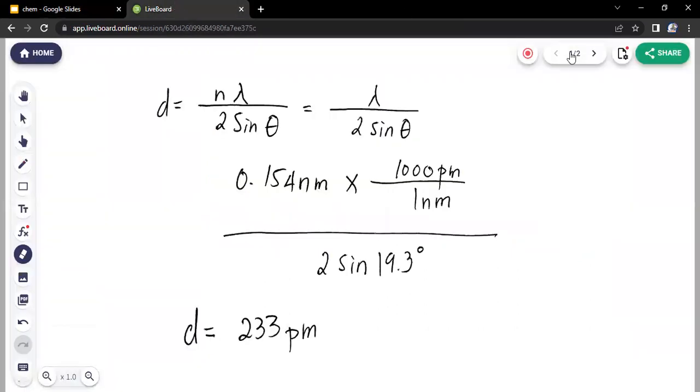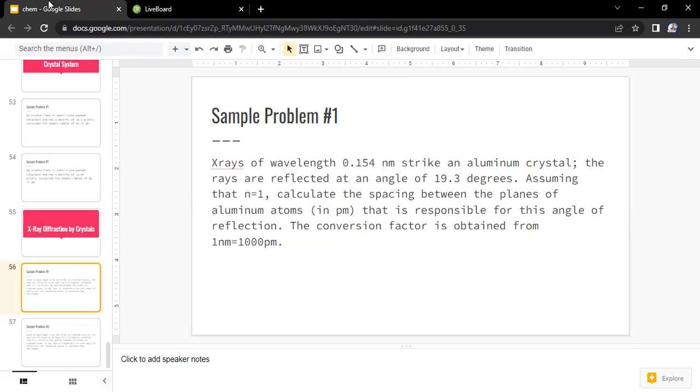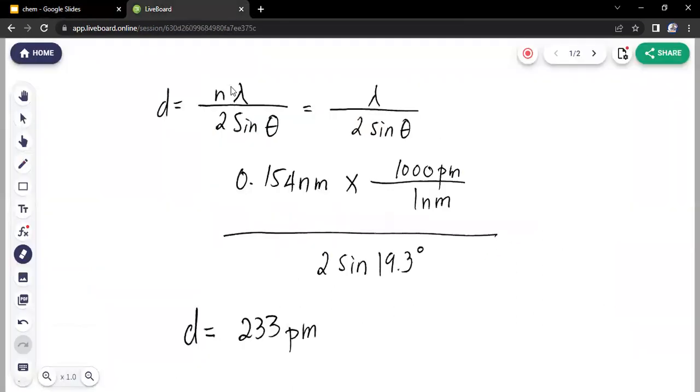Now, to solve this problem, we have the distance to calculate. Converting the wavelength to picometers and using the angle of reflection, we write that d equals n lambda over 2 sine theta.